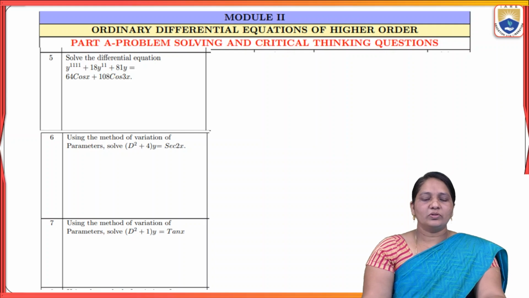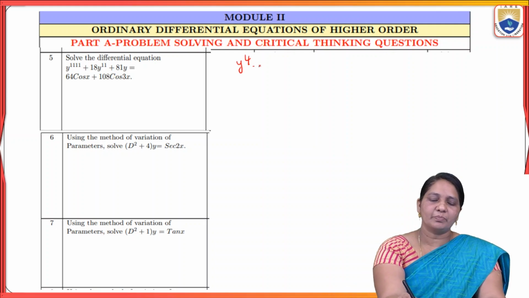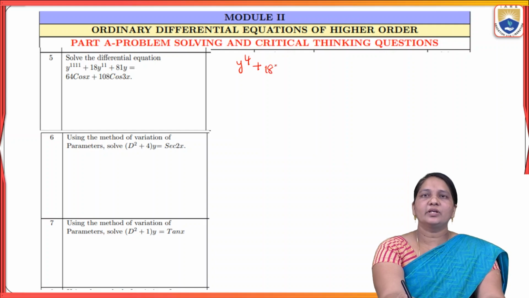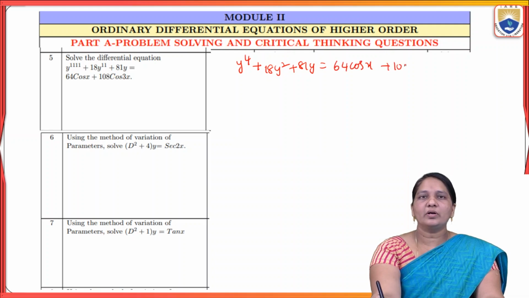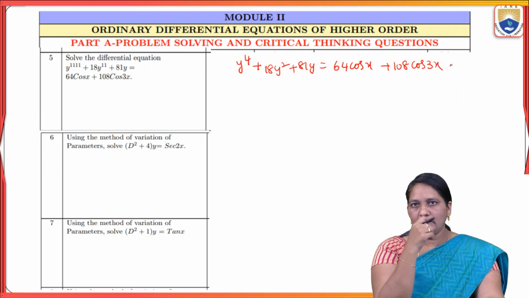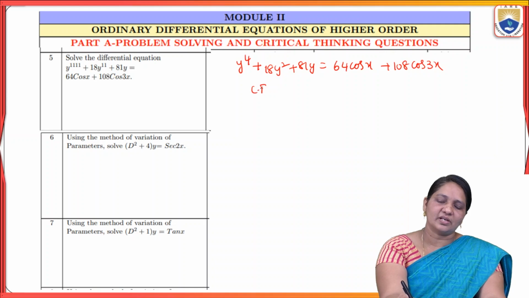See this, solve the differential equation, that is here the same way y power 4 plus 18 into y square plus 81 into y is equal to 64 into cos x plus 108 into cos 3x. Before we were having the homogeneous equation, that's why only complementary function was enough.